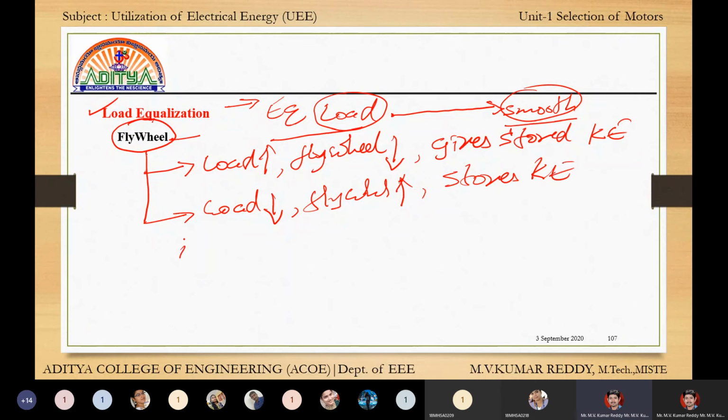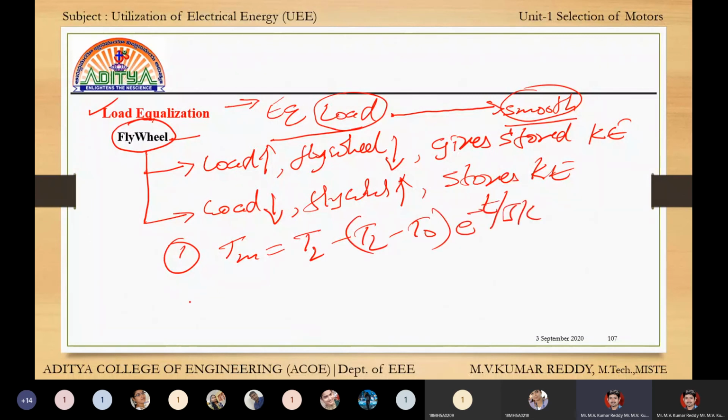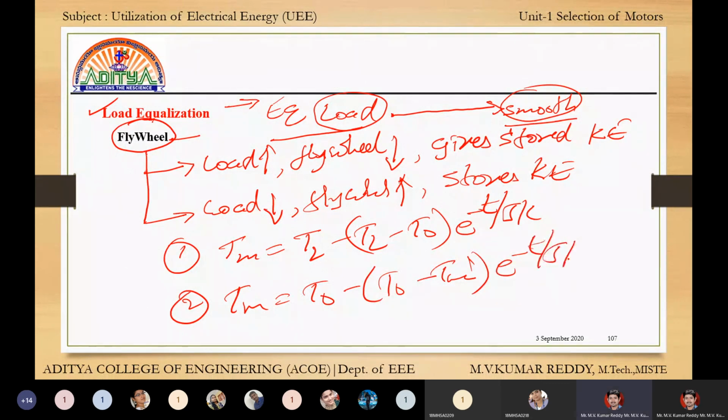In the first condition, the formula is Tm equals TL minus T naught into e power minus T by Jk. In the second condition, Tm equals T naught minus Tm dash, e power minus T by Jk.